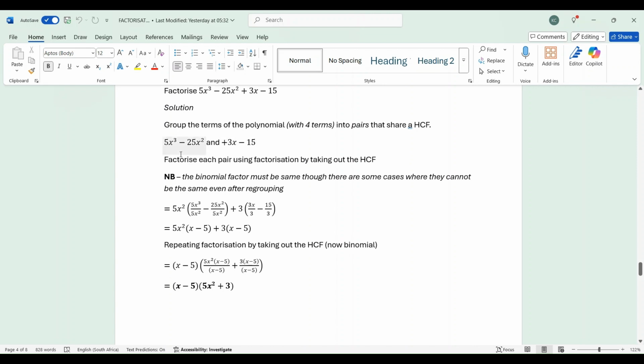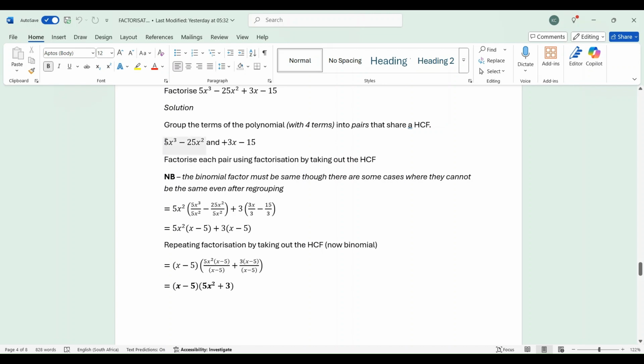Then we have to factorize each pair by taking out the highest common factor. The binomial factor must be the same, though there are some cases where they cannot be the same even after regrouping.